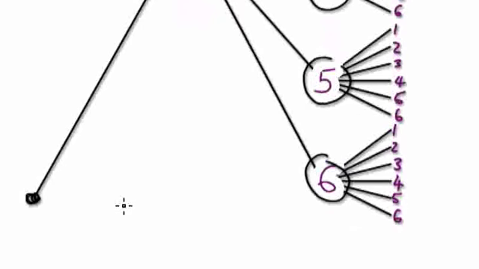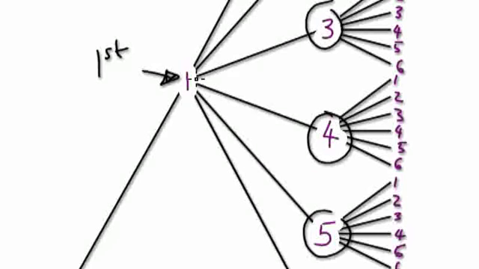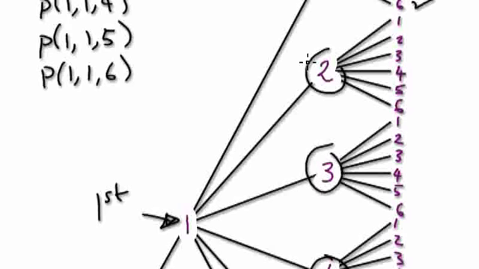Now let's go back to the beginning. You start here. You get a 1, and then let's say you get a 2, and then you get a 1 again. So 1, 2, 1 is a good outcome because you've got a double here and a double here.